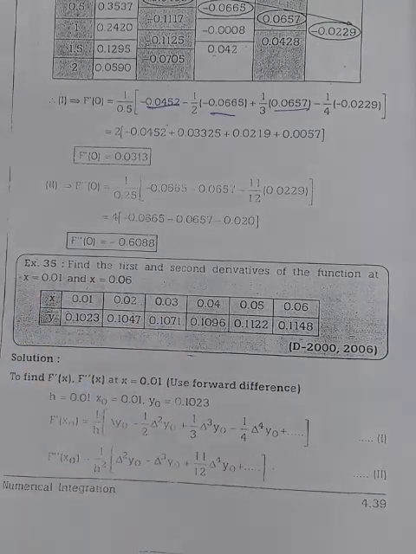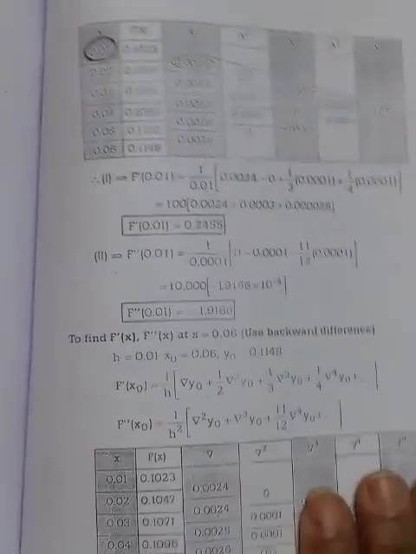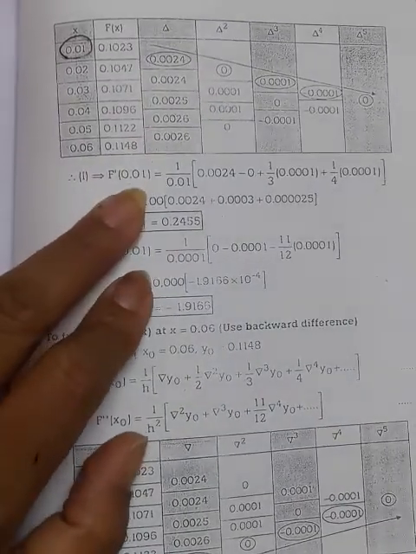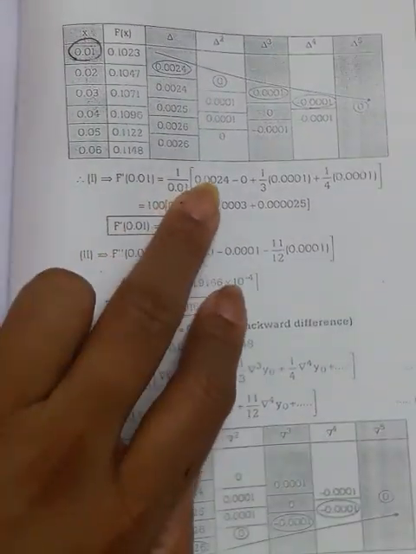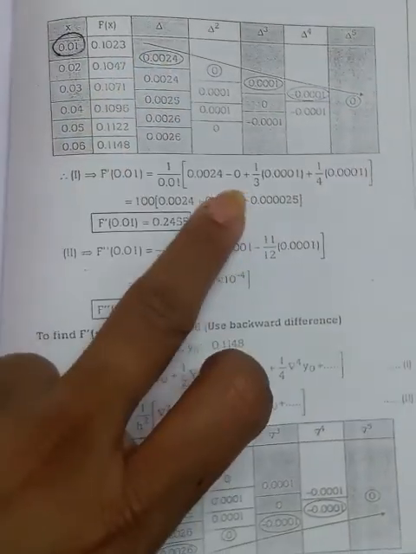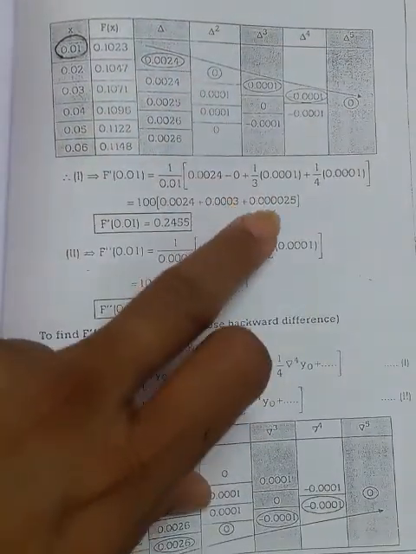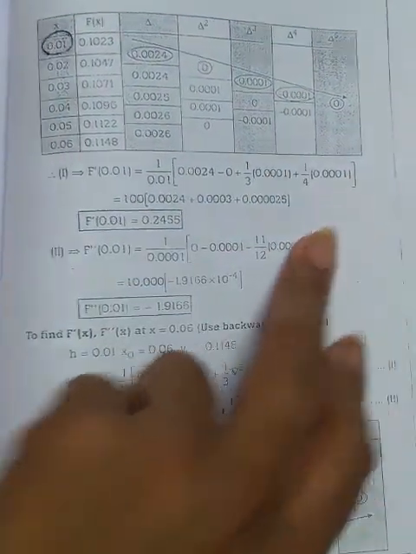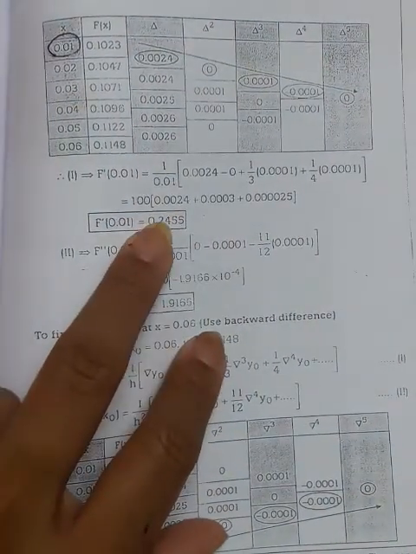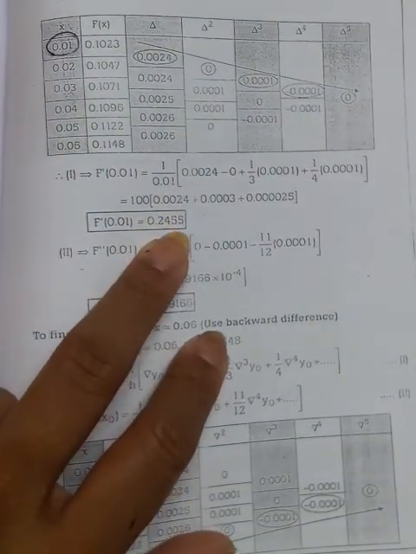Put these values here. We get the first derivative f dash of 0.01 becomes 1 upon h, that is 0.01, into the first value, minus this, plus 1 by 3 into this value, plus 1 by 4 into this, and the last one is 0, so you don't need to write it. The calculation gives 0.2455 as the first derivative.